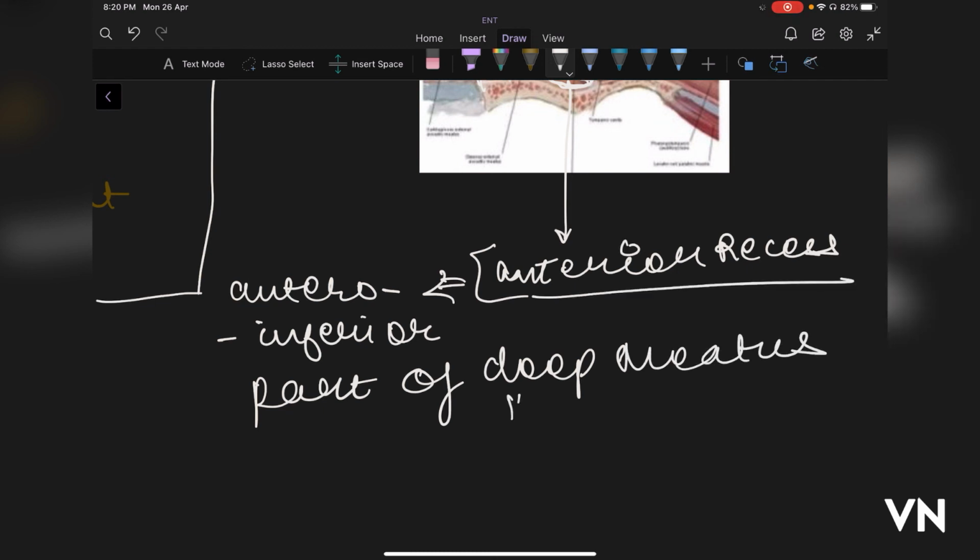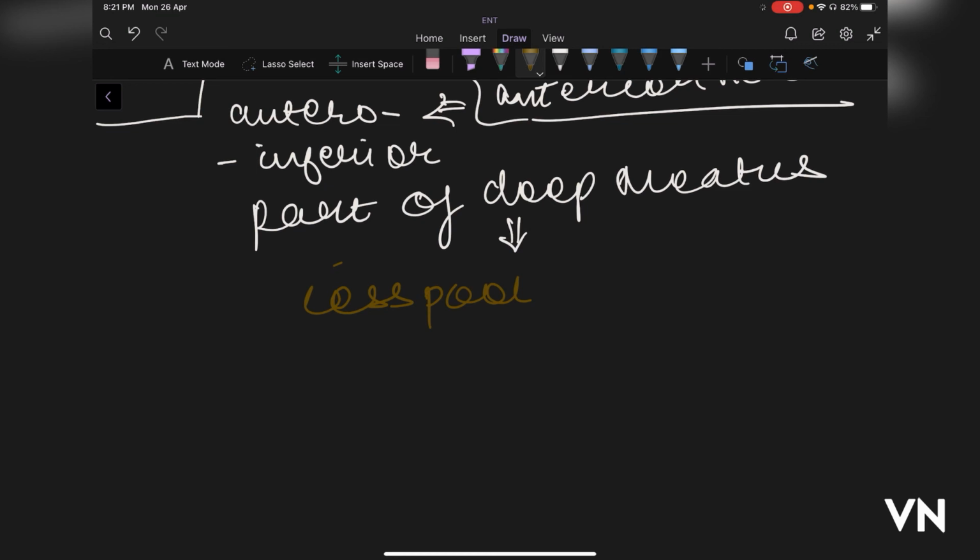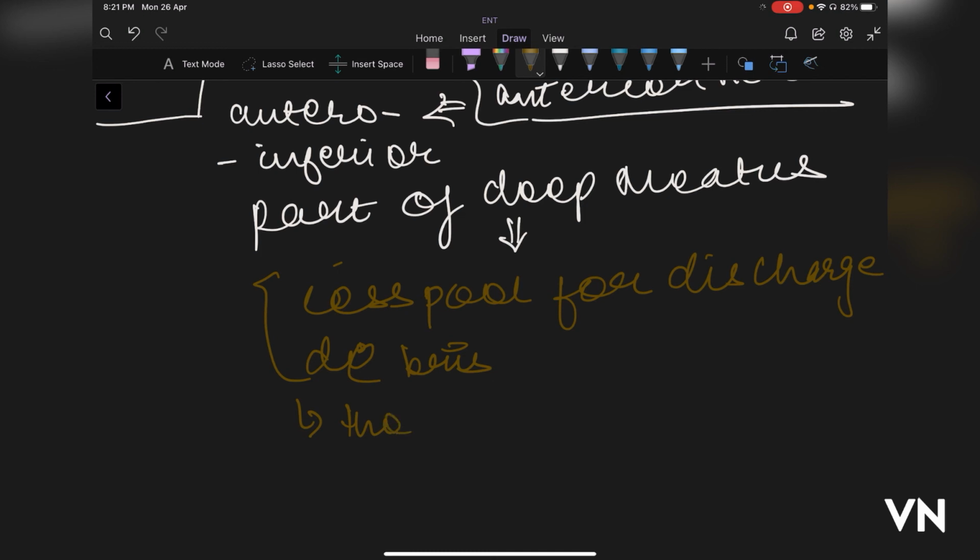Why is it important? It is important because it acts as a cesspool for discharge and debris. So basically any discharge or any debris will collect over here. Therefore, it needs thorough cleaning, so that any debris, anything which is there, can be removed.